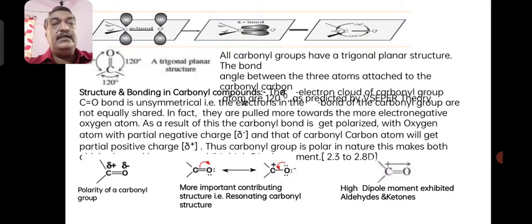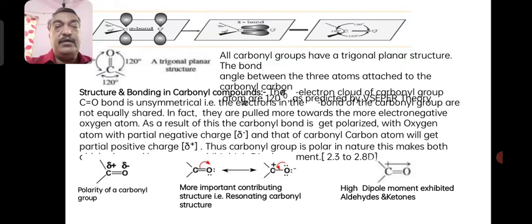Now let us see this particular property I am concentrating on. The carbonyl group has an sp2 hybridized carbon with a bond angle of 120 degrees, and the pz orbitals overlap above and below. The molecule has a partial delta plus on carbon and a partial delta minus on oxygen.